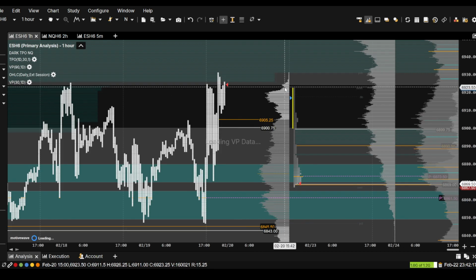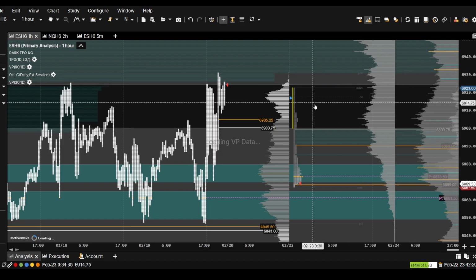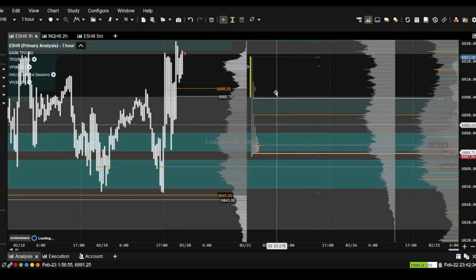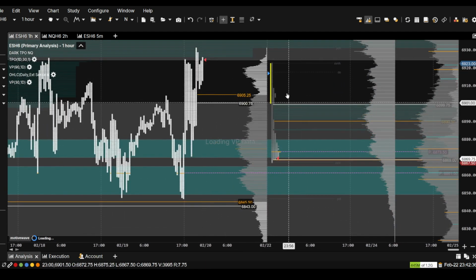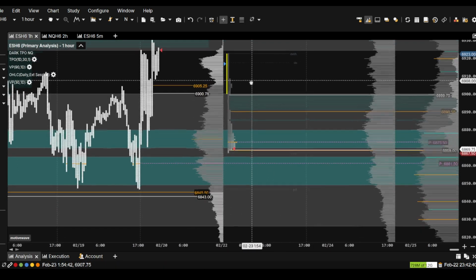We were rejecting those prices, those levels of 6,925, rejection to lower prices, and we were accepting lower prices the last part of the week and the initial movement of this week.